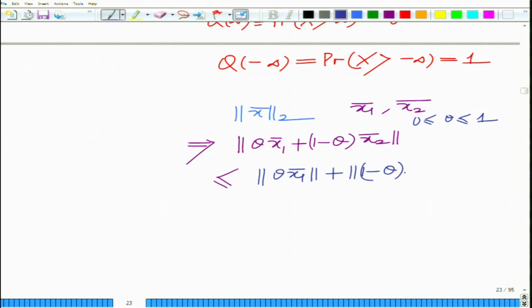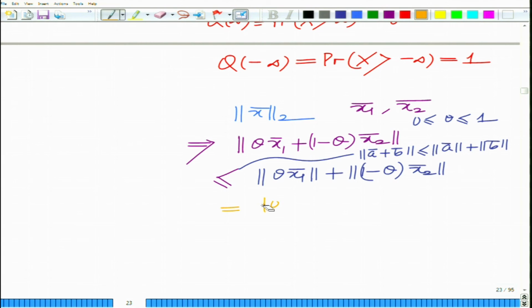Okay. We are using the property here that the norm of a bar plus b bar is less than or equal to the norm of a bar plus the norm of b bar. Now, theta and 1 minus theta are greater than or equal to 0, because 0 is less than or equal to theta less than or equal to 1.